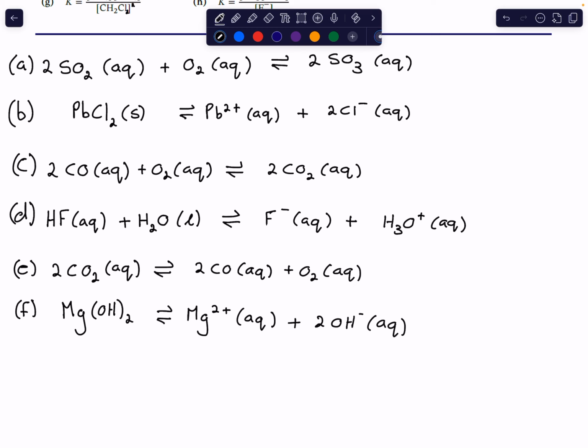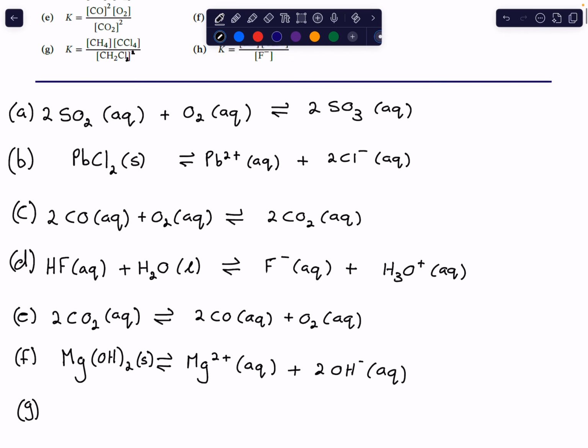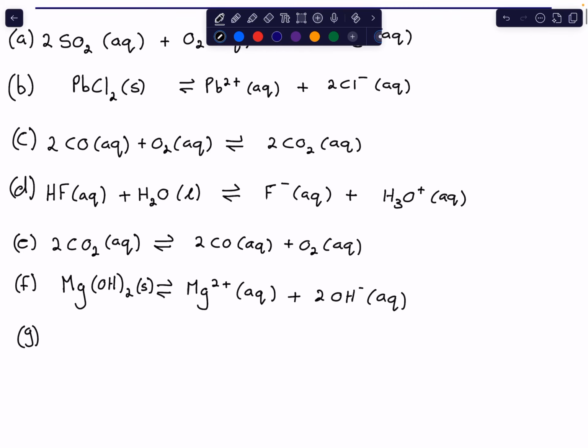And if we look at the stoichiometry, it says it's Mg(OH)2, so there must be two OHs for every one magnesium ion, because the magnesium is 2 plus, there's two OHs, and that must be a solid because it doesn't appear in the equilibrium constant expression. All right, interesting. Moving on to G, and now you see why I figured there had to be a balancing issue, or there was an issue with G.